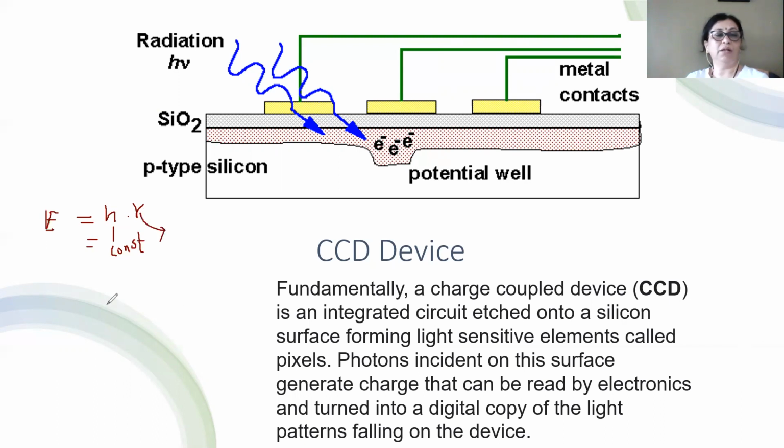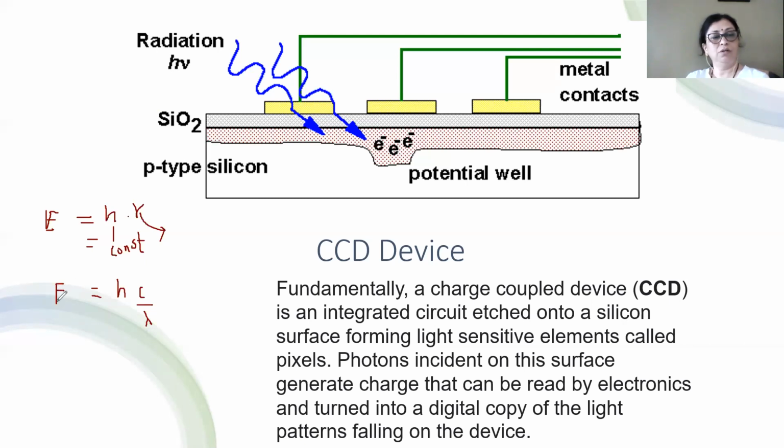All of us know this nu is given by c upon lambda, where lambda is the wavelength of the radiation.